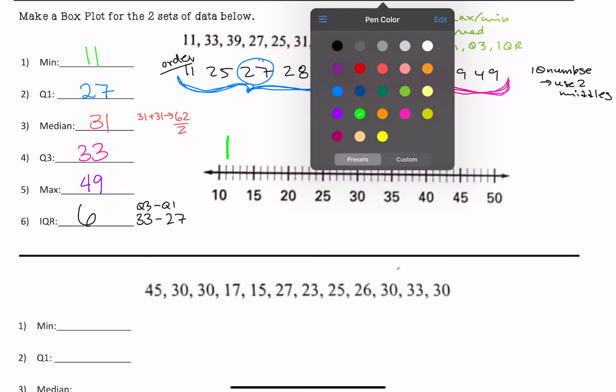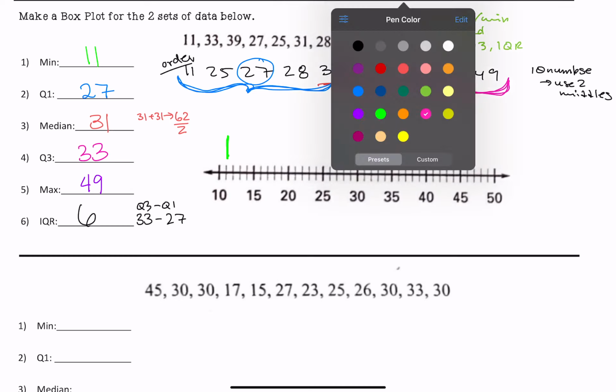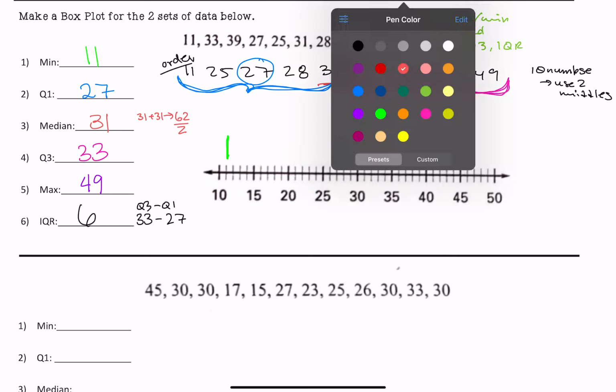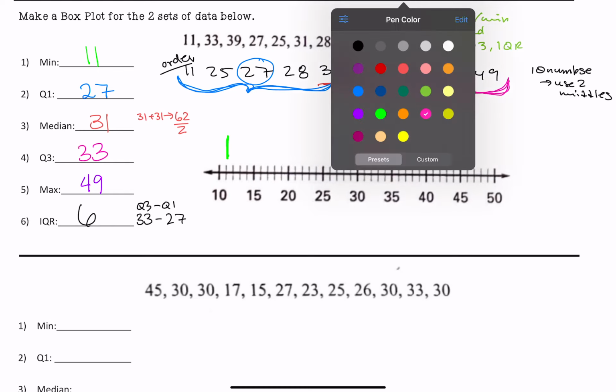Then we have blue for Q1, which was 27. Then we had this red color for median, which was 31. Then we have 33 in pink for our Q3, which is right here. And then our maximum in purple was 49.